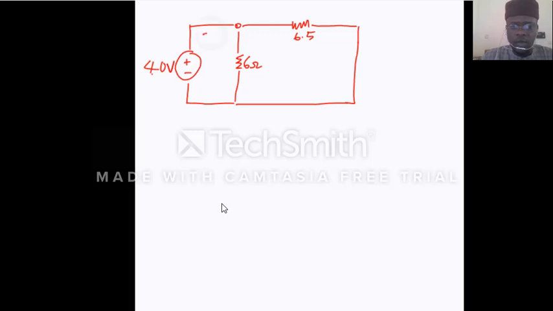The next step is to assign our current direction. When current comes from 40 volt, at the first junction, we should expect it to divide. Some will go through the 6 ohm and some will go through the 6.5 ohm. As you all know, when current comes at a junction, it divides.